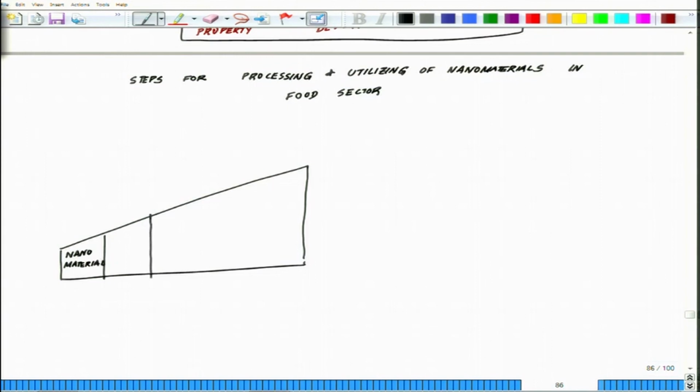Processing of nanomaterial, we have already talked a lot about it during the coursework. Toxicity analysis, this is the third step. This is pretty critical. In terms of toxicity analysis, one has to ensure that the particular nanomaterial is not causing any harm to the consumer, to the human.